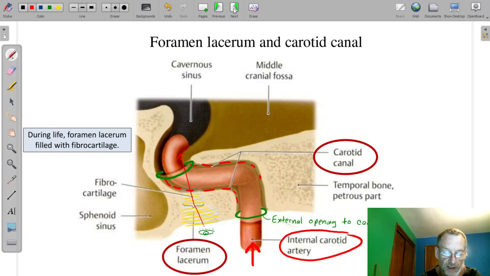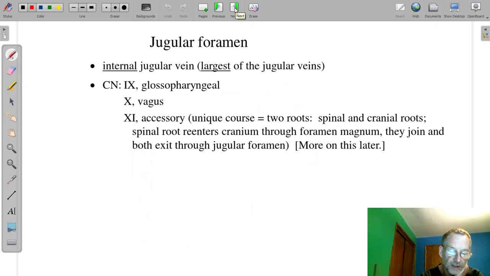Okay, next slide. Jugular Foramen. You should be able to find that on a picture of a skull that I've given you, several skull pictures that you should be able to do that with, and identify, tell me what goes through the jugular foramen. Well, we already went over the internal jugular vein, which is the largest of the veins.